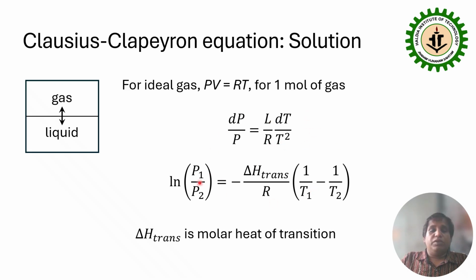If we solve it for two different cases, component 1 and component 2, we get the logarithmic relation between pressure and temperature, where ΔH is the phase transition heat. I hope this is understandable.